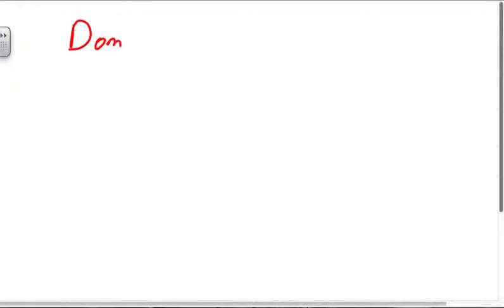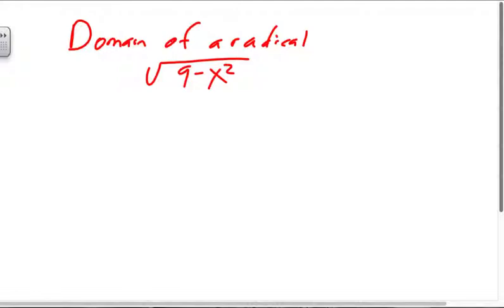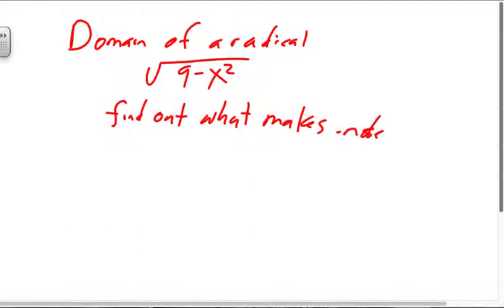Domain of a radical. So if you're trying to find the domain of the square root of 9 minus x squared, find out what makes the inside equal 0 and exclude from domain.